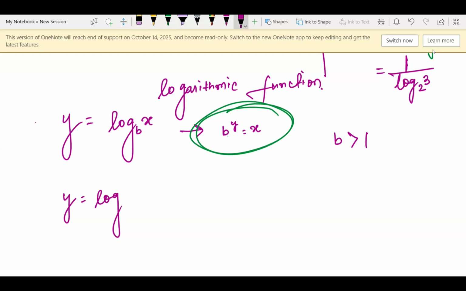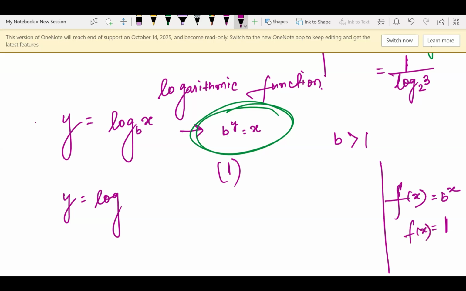Making sense? Can it be equal to 1? If we take the base as 1, then it will be 1 to the power anything. Let me take our exponential function f of x was b to the power x, right? Where we said the base needs to be bigger than 1. If we take the base as 1, then it will be a constant function, right?